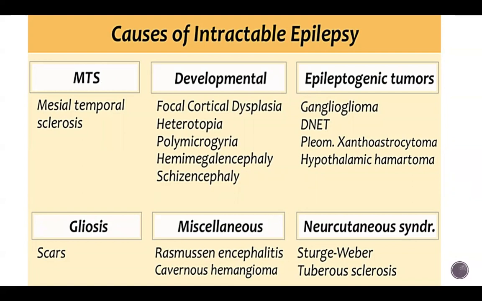There are developmental abnormalities such as focal cortical dysplasia, heterotopia, polymicrogyria, hemimegalencephaly, and schizencephaly. There are also tumors that cause epilepsy. Most commonly seen are gliomas, DNET, pleomorphic xanthoastrocytoma, and hypothalamic hamartomas. Gliosis, that is scars, are also one of the common causes of epilepsy.